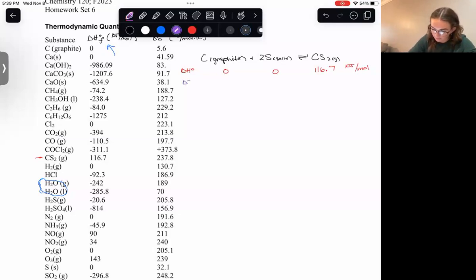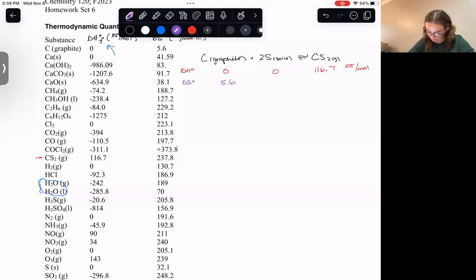Okay, we're going to do the same thing for delta S. Delta S is hardly ever 0, because if it is greater than 0 degrees Kelvin, it'll have some sort of molecular motion. It might not have a lot of disorder, but it should have something. So for C graphite, we have 5.6.